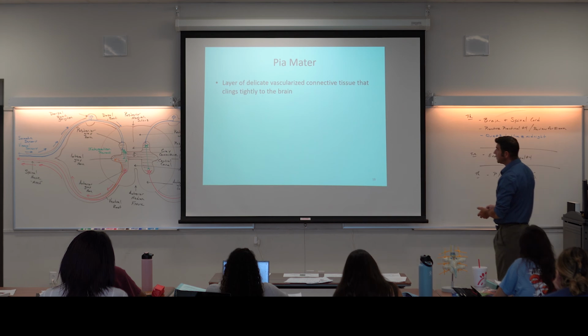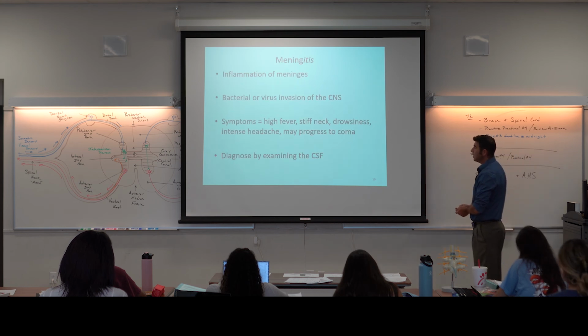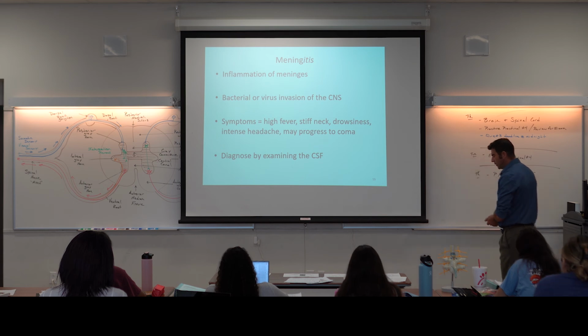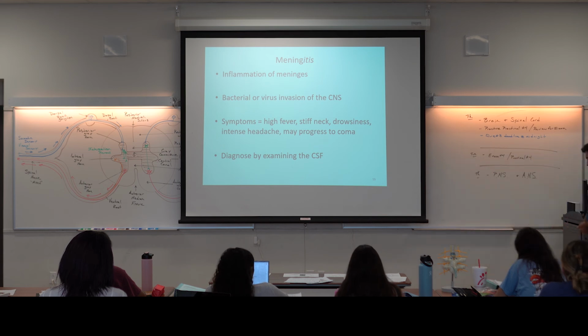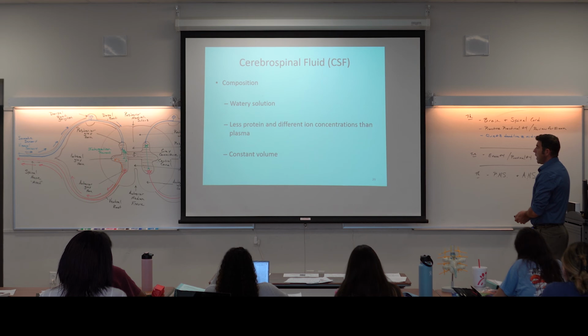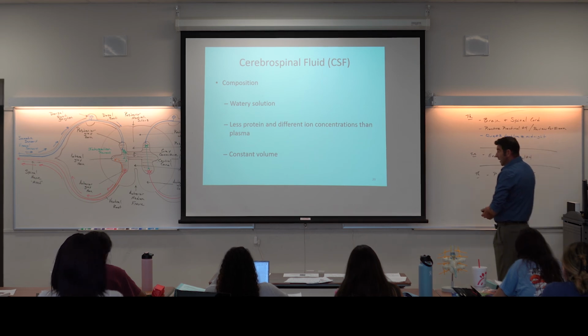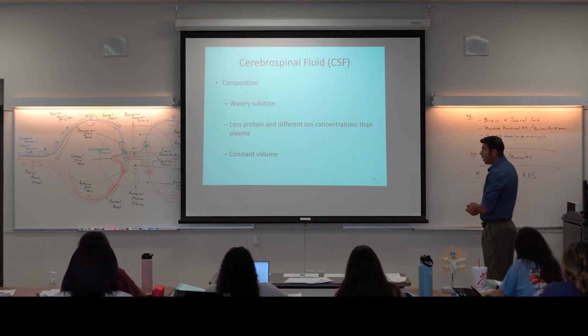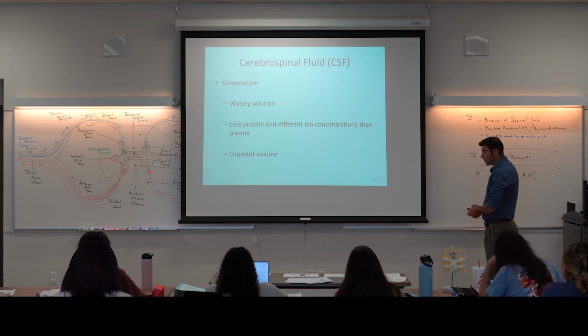So now we've seen those protective layers around the brain. We said meningitis is typically a bacterial infection of one of those meningeal layers, and that swelling puts pressure on neurons and causes problems. That cerebral spinal fluid, we said, was selective blood plasma, mostly water. There are some ions and some nutrients.